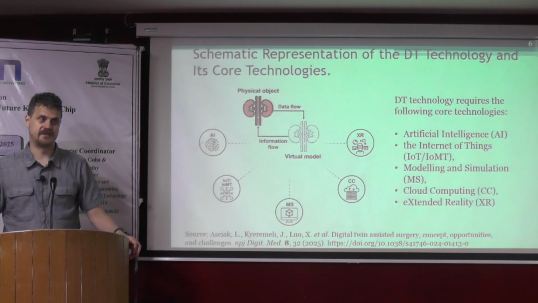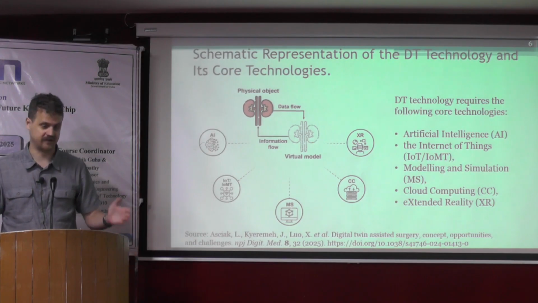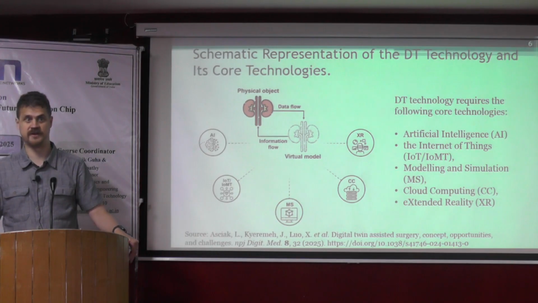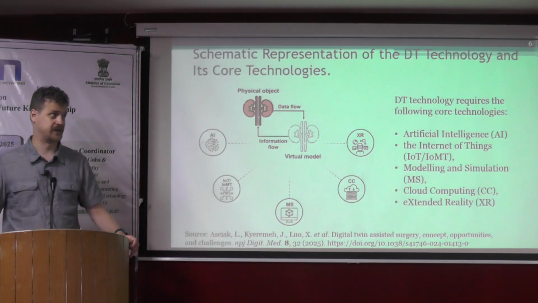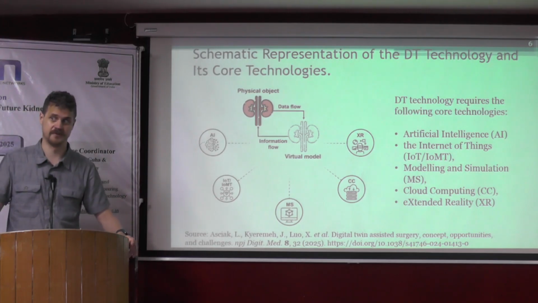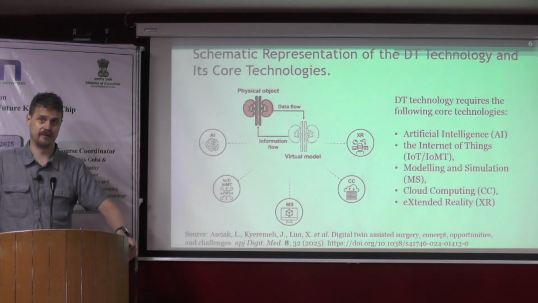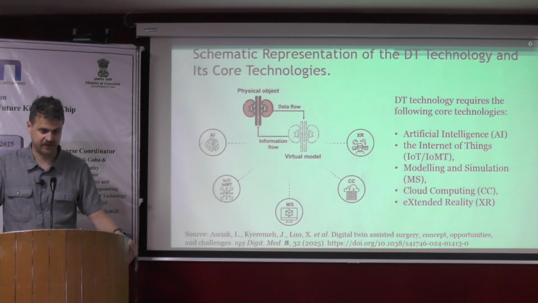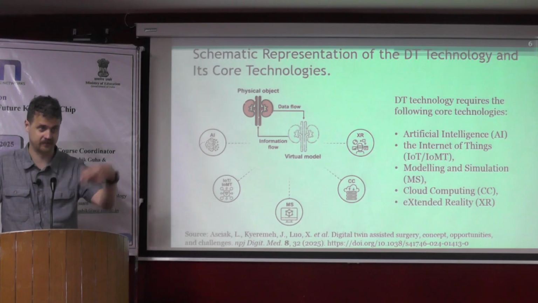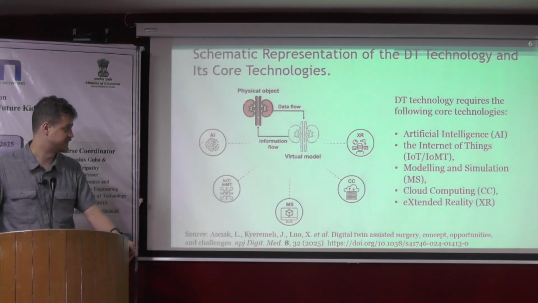So there should be a validation and verification process, so we need to make sure that the digital twin accurately represents the physical counterpart, and the data that we acquire from the physical counterpart is accurate enough for further prediction and further working. So when we interact with the digital twin, we acquire accurate information about the physical object, and we properly interact with the physical object through the means of the digital twin.